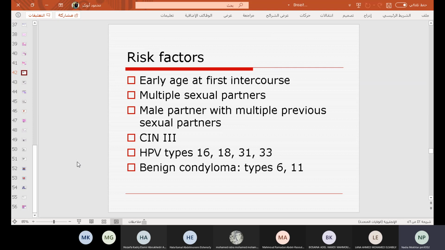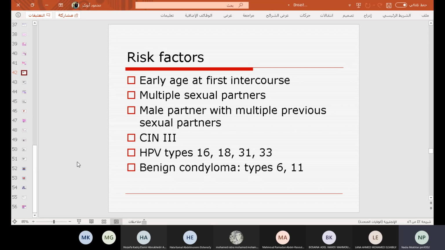So again, as we talked about in breast, what are the risk factors for developing cervical cancer? Definitely early age at the first intercourse. This means the lady is having an active sexual life. She is performing sexual acts, and this will expose her to the virus.